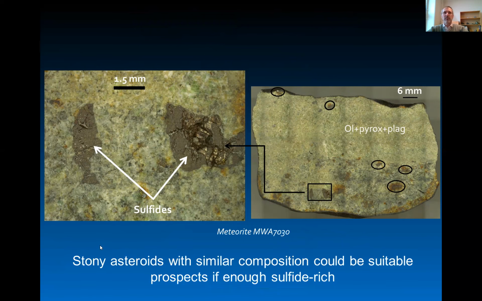So stony asteroids, which are the parent bodies of these meteorites, could be suitable prospects for resources if they contain sulfides in enough proportion.